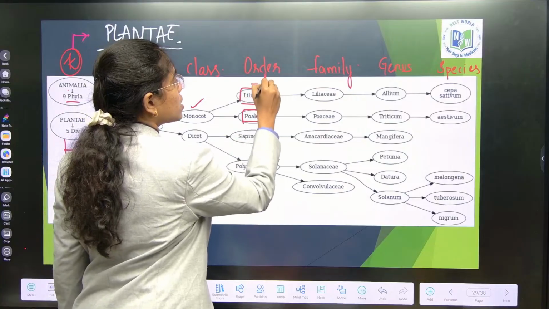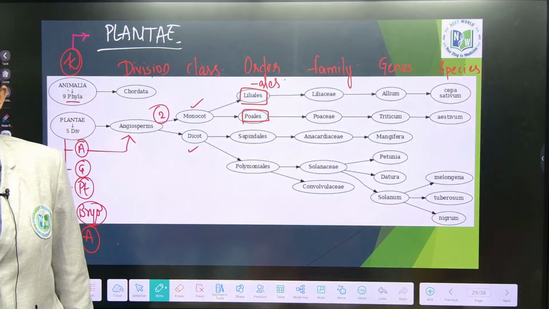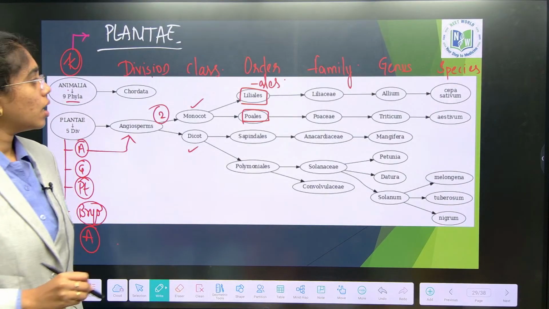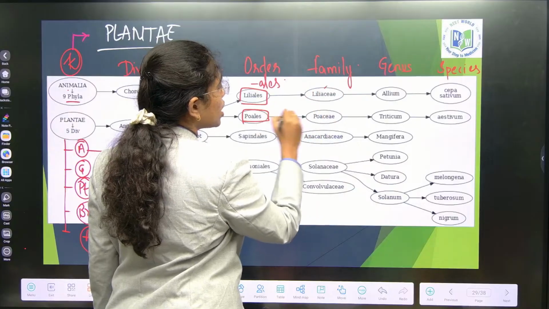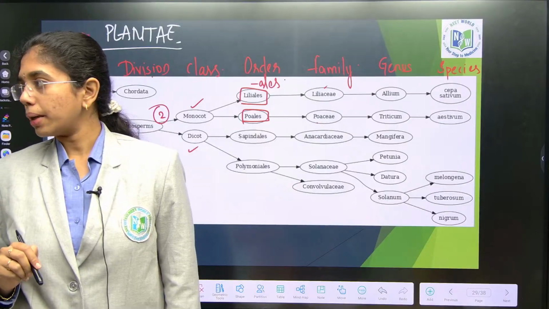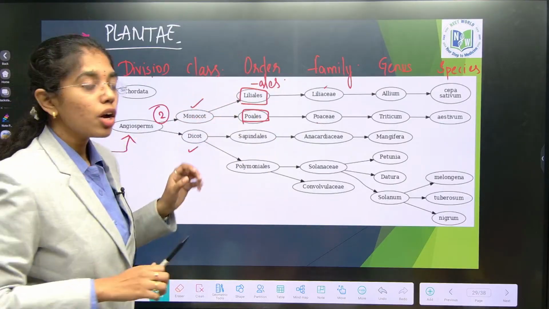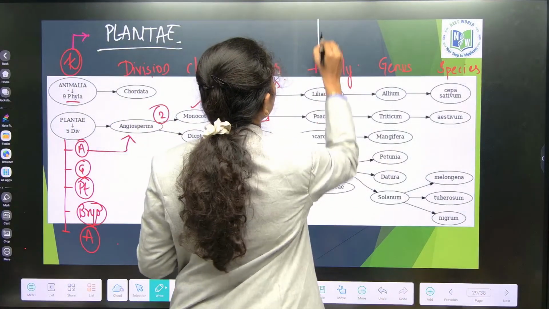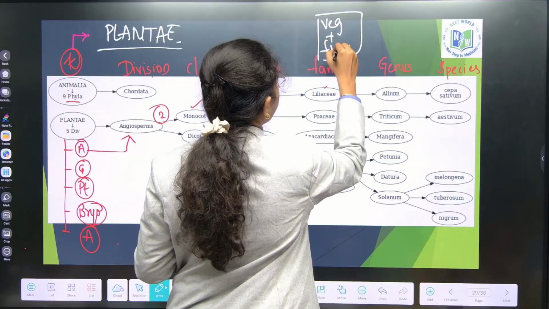Orders end with what suffix? Ales. Orders end with the suffix ales. Under Liliales, what family is there? Liliaceae. Under Poales, what family is there? Poaceae. One thing you have to remember with Kingdom Plantae: families include a group of related genera which share common vegetative characters and floral or reproductive characters.